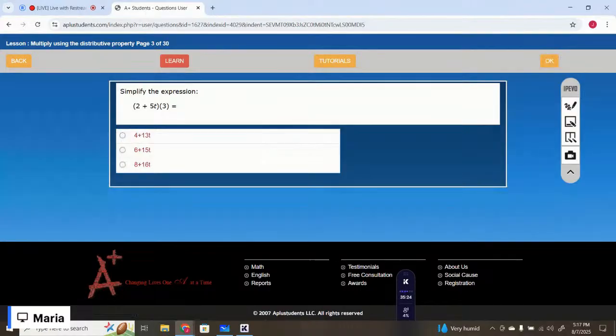Simplify 2 plus 5 3 times 3. Simplify the expression. 3 times 2 is 6 and 3 times 5 is 15.